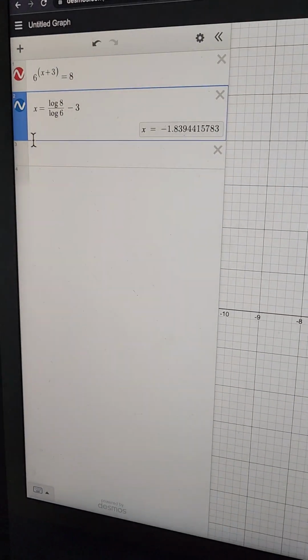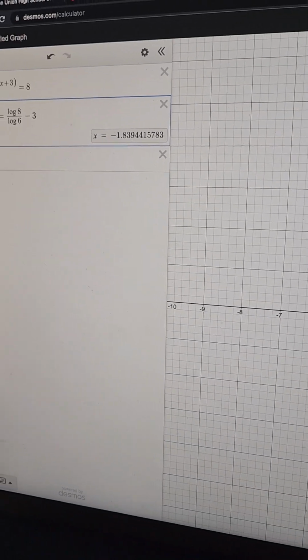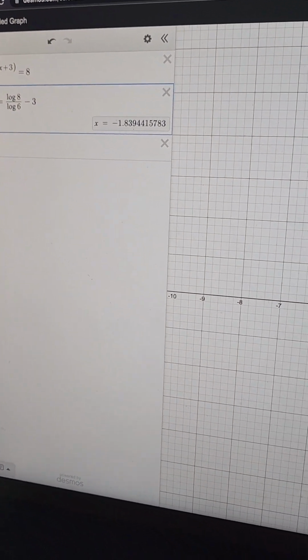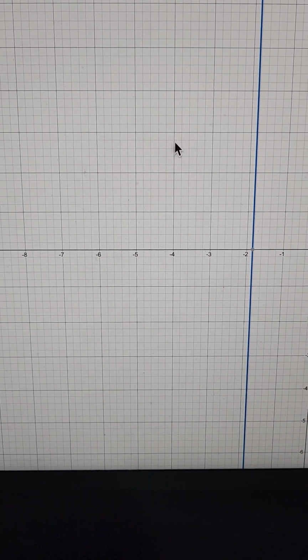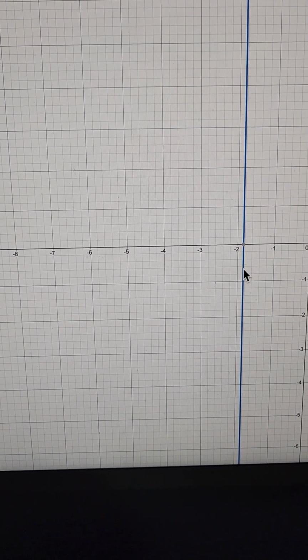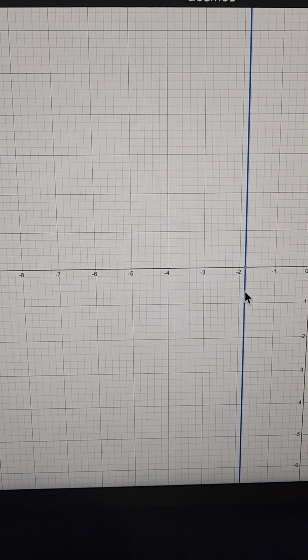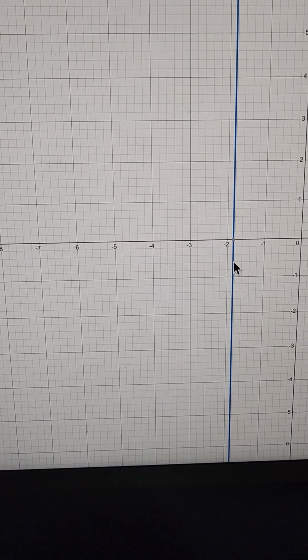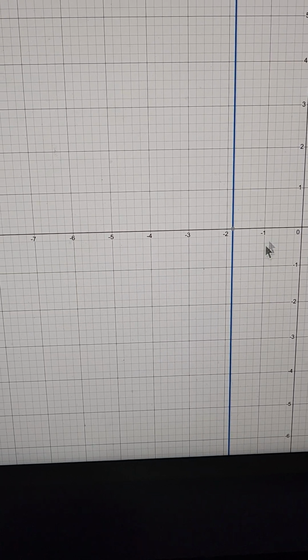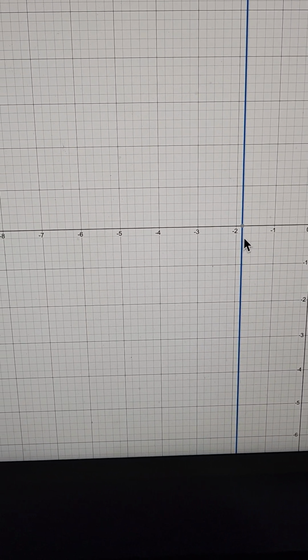So if I get rid of it, it's going to disappear, but if I put it back, it should be a blue line exactly on the red line, and that means it is exactly the same, and we most likely did it right. So that's what I would do to check your answers, to make sure they're correct.